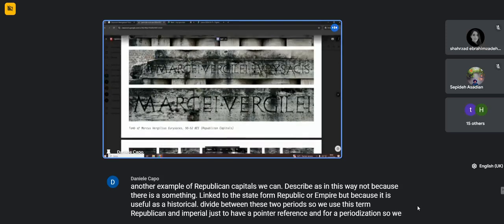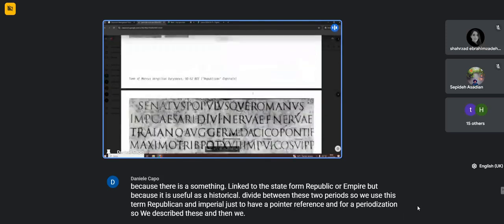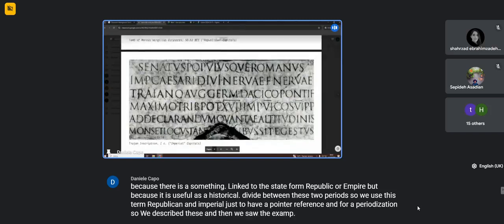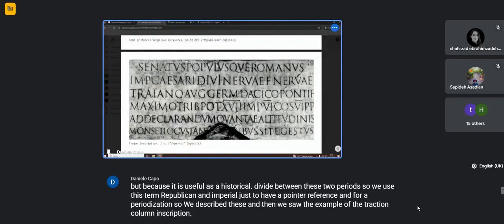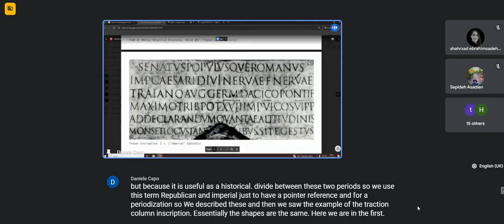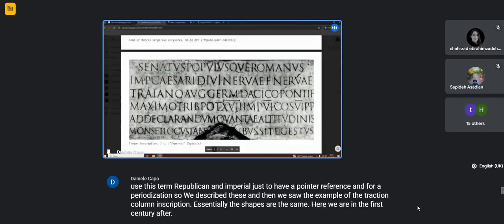So we described these, and then we saw the example of the Trajan column inscription. Essentially, the shapes are the same. Here we are in the 1st century after Christ, so we already are inside the imperial period of Rome.